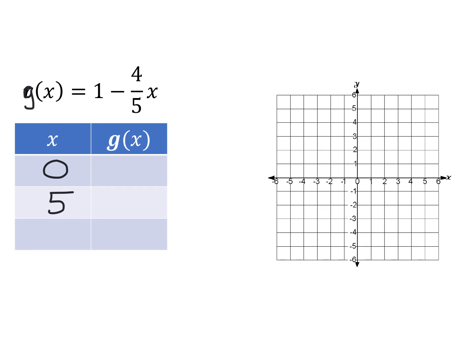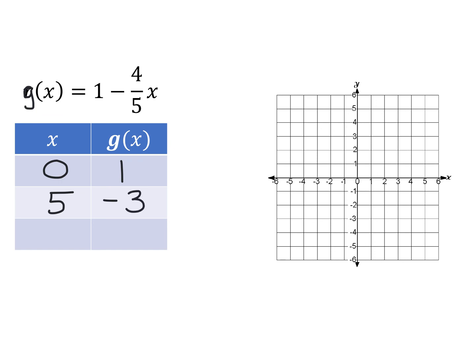So 1 minus 4/5 times 0. 4/5 times 0 is just a 0. So 1 minus 0 is just a 1. Remember, you still have to follow order of operations. So I have to multiply my 5 times the 4/5 before I do the 1 minus. So 4/5 times 5 is going to give me a 4. So I have a 1 minus 4, which is a -3.